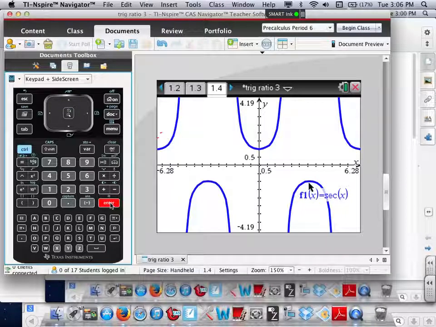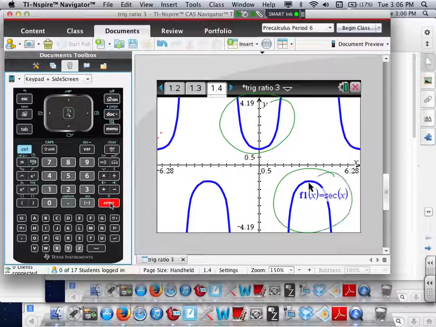Now, for our base graph, it's going to be this part right here and this part right here that we will memorize. All right, so let's go ahead and get a good base graph on our smartboard document.